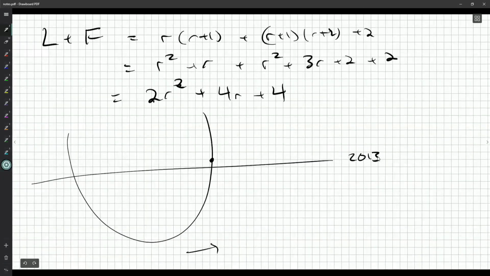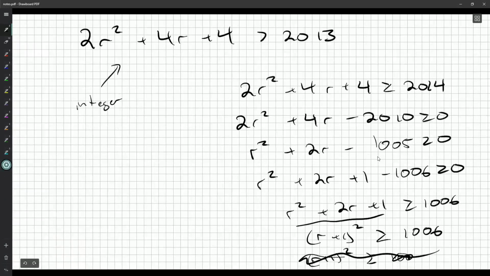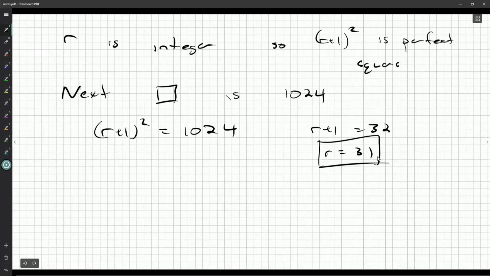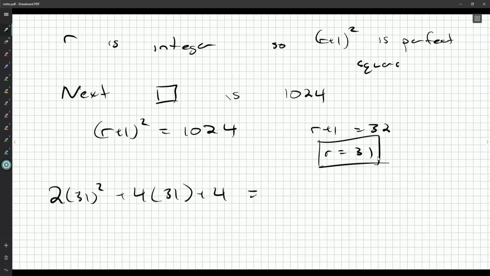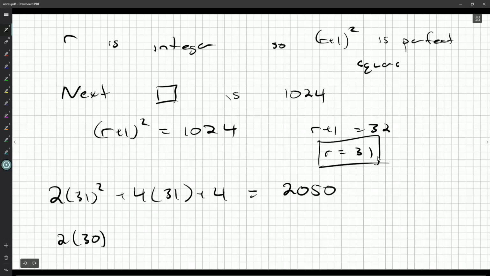What was our formula for L plus F? 2R squared plus 4R plus 4. So if I work that out, this should be greater than 2013. So 31 times 31 times 2 plus 4 times 31 plus 4. That's 2050, but if I take a look at 30 squared, it should not be enough.